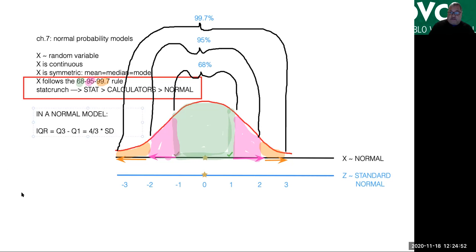So if the standard deviation, say, is 30, the IQR would be 4/3 times 30, or 40. The interquartile range would be a total of 40 units between the 2 values.